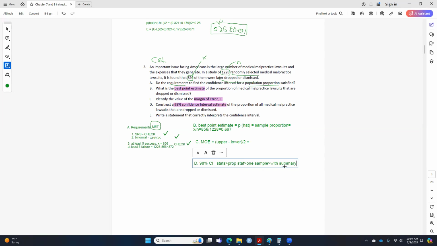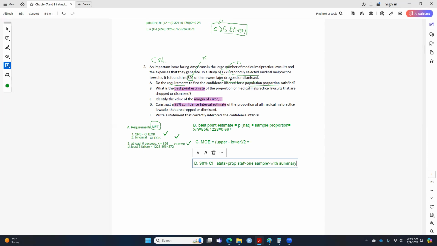With Summary means with no data. If a question provides us a data set, or asks you to import it from data set number 30 or 12 or whatever, then we do it with data. But with summary means they give us summary statistics, X and N and numerical numbers.